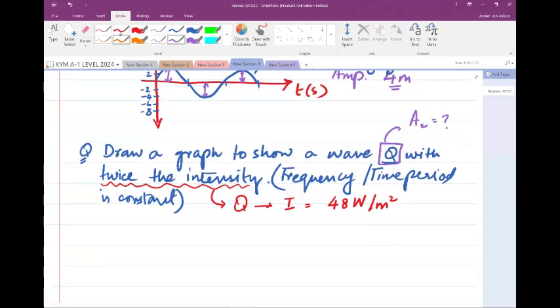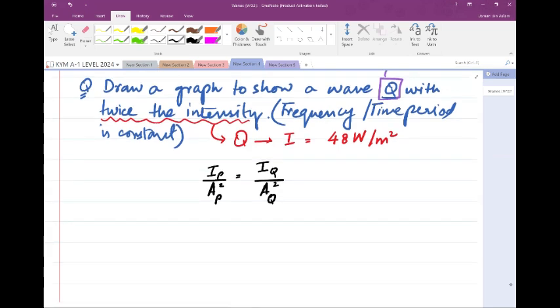Now see, we are comparing two waves over here. One is the wave P, the other one is the wave Q. I can recall the formula: intensity of the wave P divided by the amplitude of the wave P raised to a power of 2 should be equal to intensity of the wave Q divided by the amplitude of the wave Q raised to a power of 2.